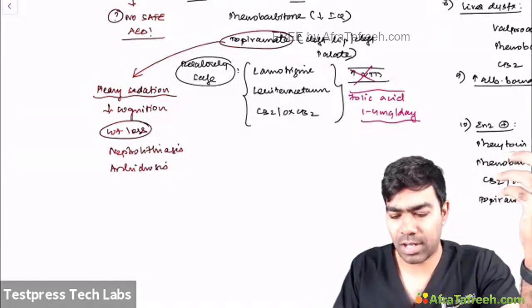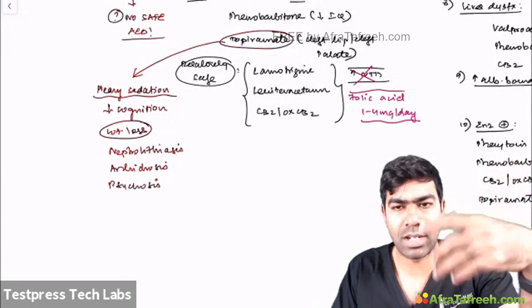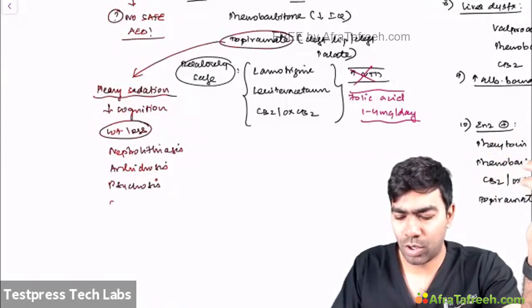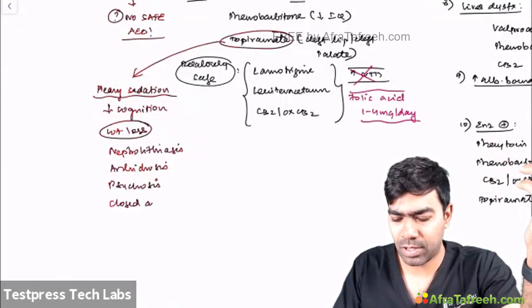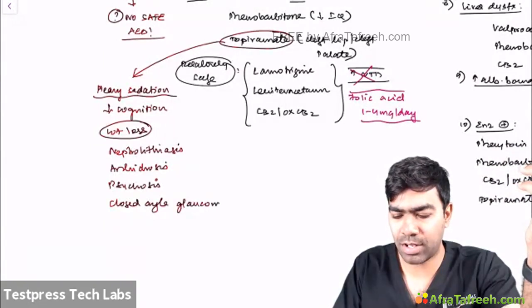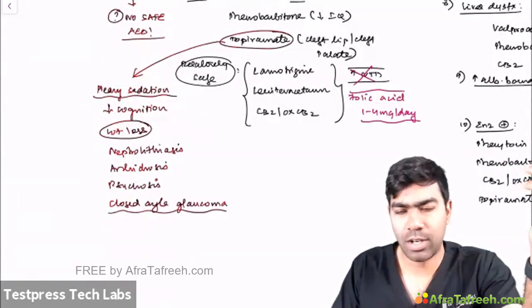At the same time, they can produce psychosis also, but not like levetiracetam, but still there's a decent chance of getting psychosis, and they can worsen closed angle glaucoma, or precipitate the development of closed angle glaucoma itself. So if a patient has closed angle glaucoma, it's better to avoid topiramate in that setting.